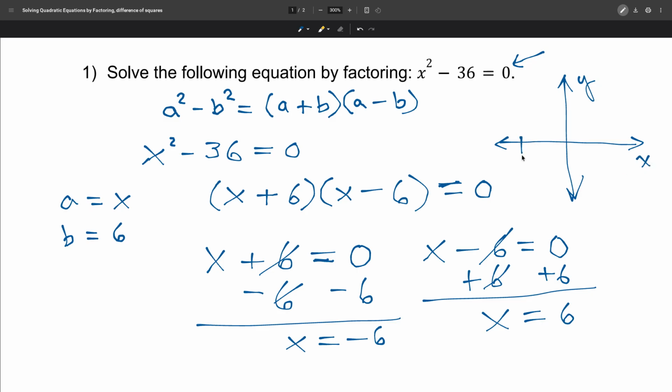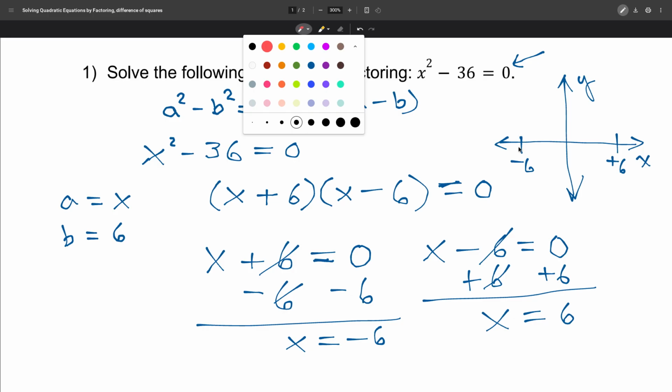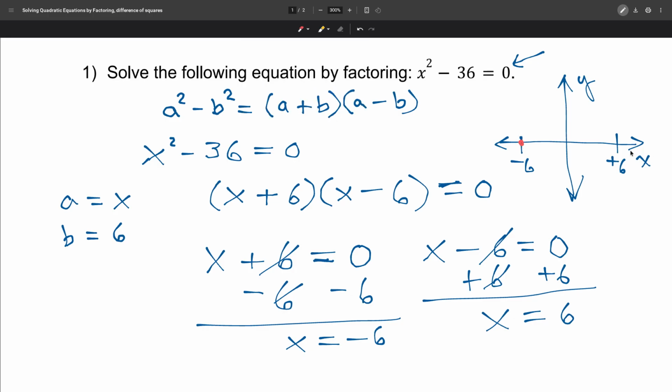So let's just say right here is negative 6, and this is positive 6 here. Our quadratic is going to cross the x-axis at these 2 points. So we're going to have something like, pretend that was an actually well-drawn parabola there. But we're going to have something like that, okay?